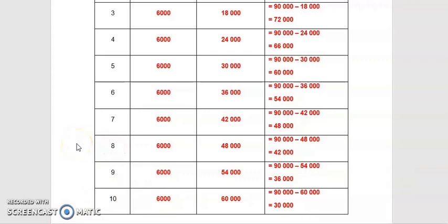So we know that scrap value or salvage value is value of the asset at the end of useful life. So this 30,000 we also can write as BV10, which is equal to scrap value or salvage value.